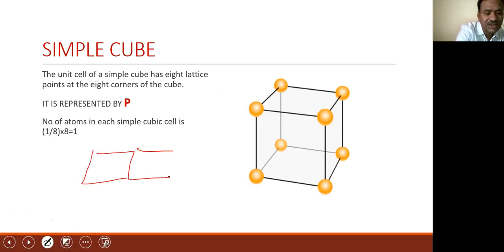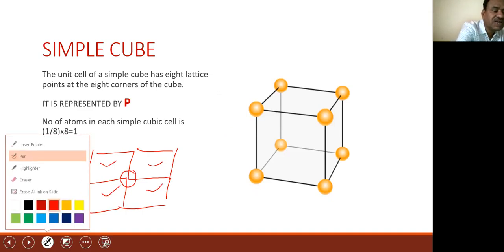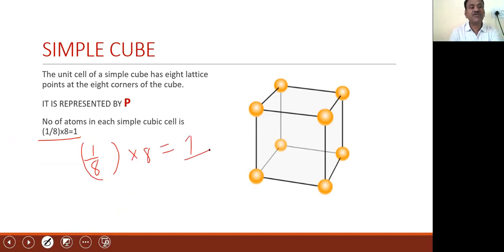That is another unit cell, and another unit cell, like that. This corner is shared by this, this, this, and this, so 4 corners here. But in the simple cubic structure, in the 3-dimensional picture, it is 8. That's why we have written 1 by 8 into 8 equal to 1.